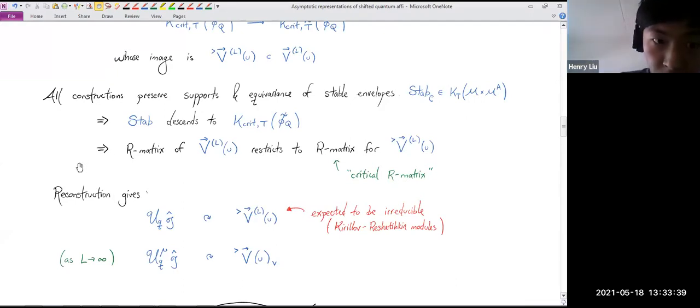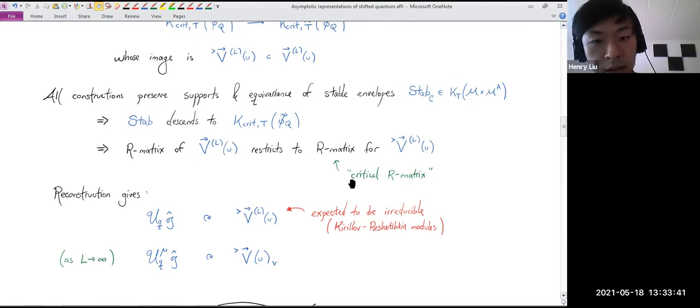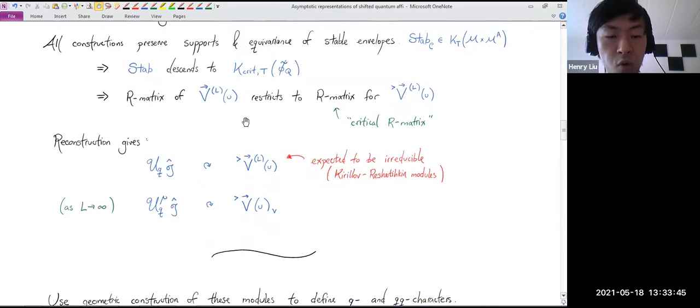Once you have these stable envelopes, you can form a critical R matrix. And if you run the quantum group reconstruction process on that critical R matrix, you will get this quantum affine algebra U_q(g hat) acting on these new modules, these modules of length L descending flags.